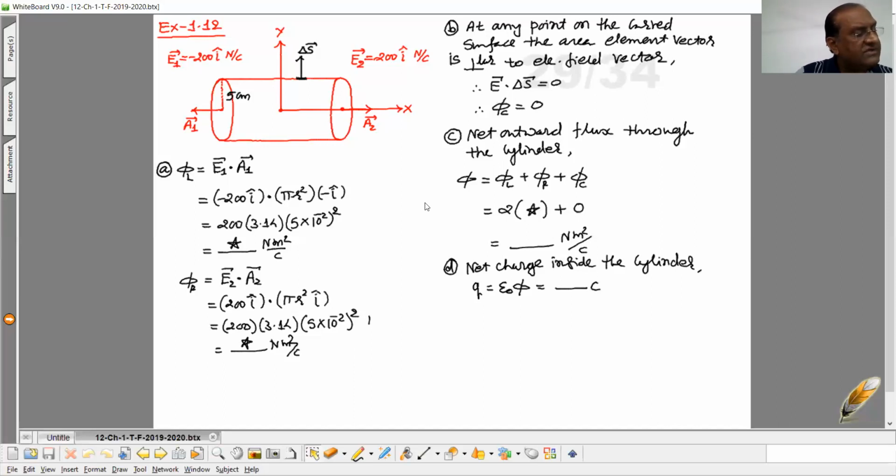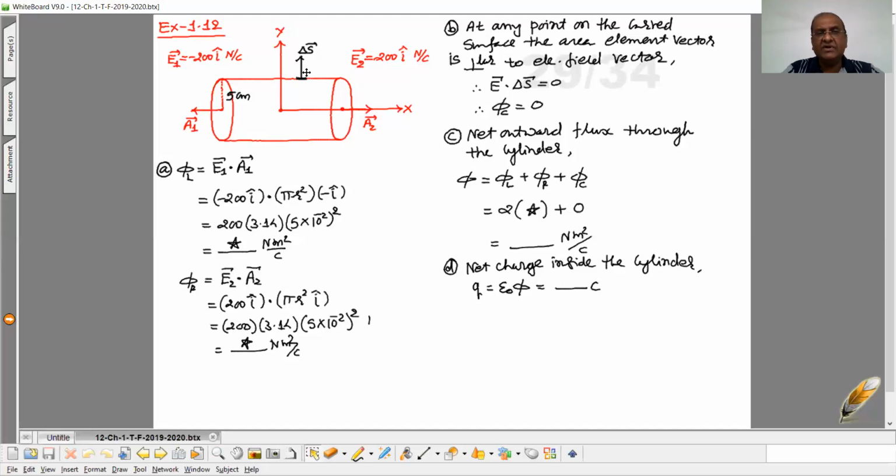What is the flux through the side of the cylinder? Now, if you want to calculate the flux passing through the side of the cylinder, then consider an infinitesimally small surface element at any point on that particular cylindrical surface. Suppose, as shown in the figure, that is delta S. Now here, the area vector for this surface element is perpendicular to the electric field vector.